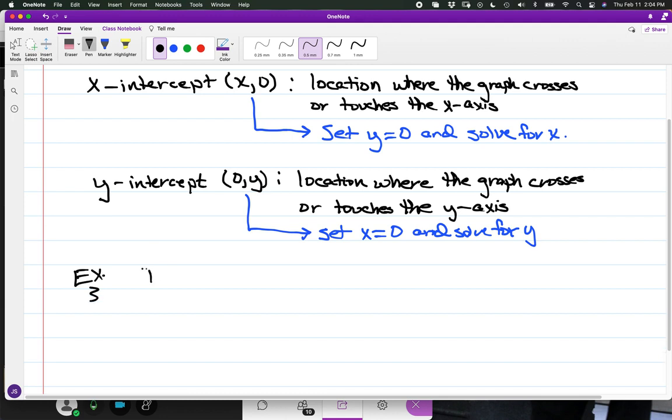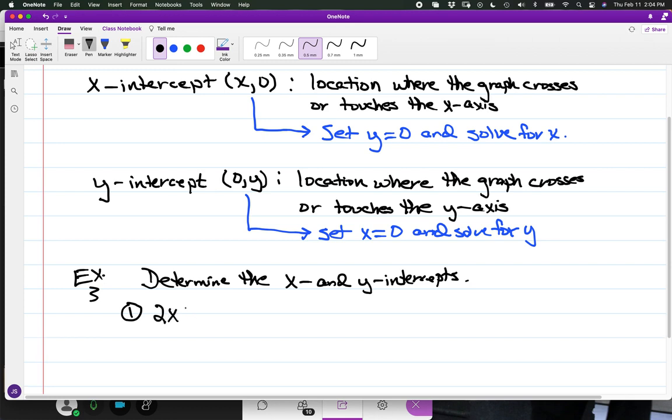If you're looking at determining the x and y intercepts, for the first case we'll have a linear equation, 2x plus 4y is equal to 12.